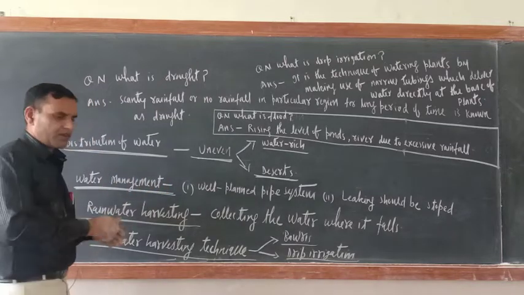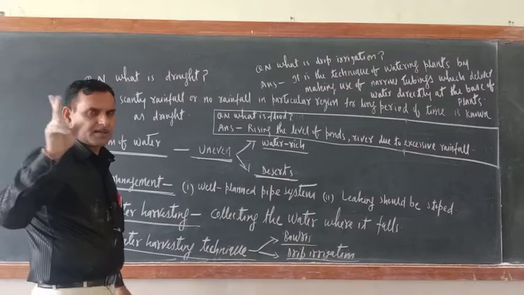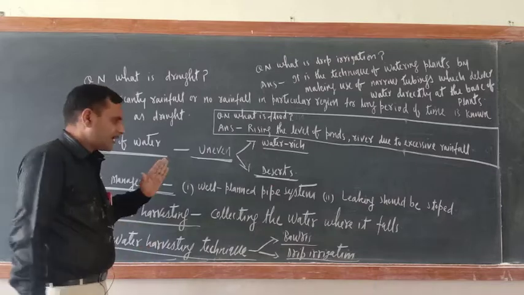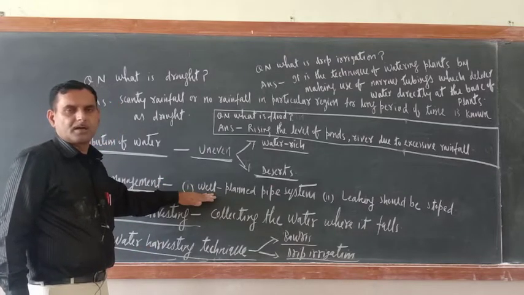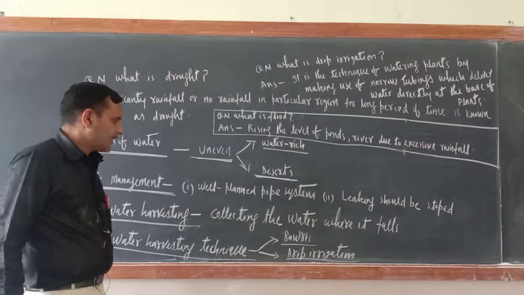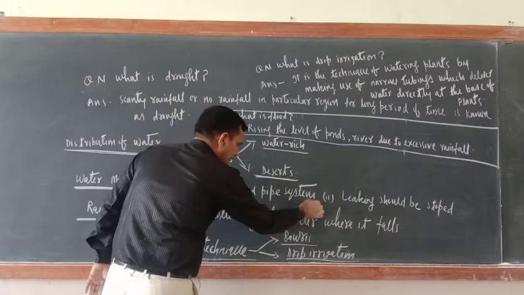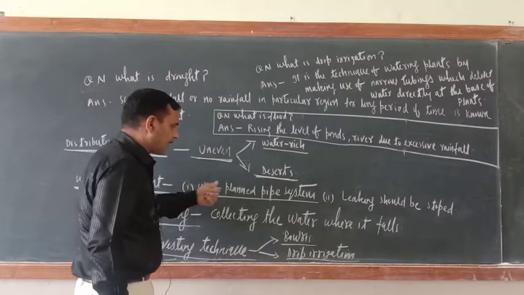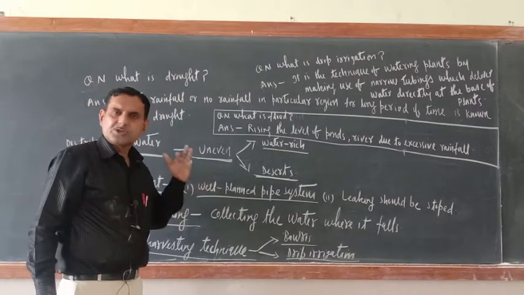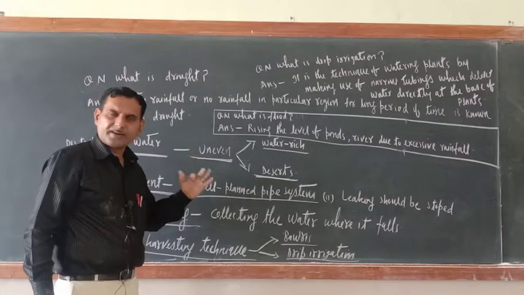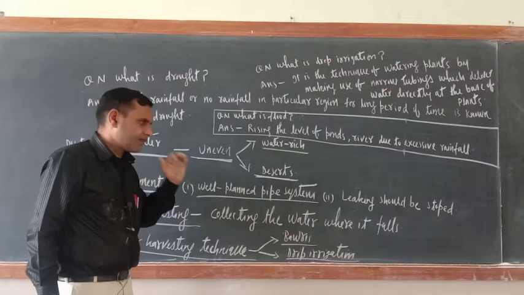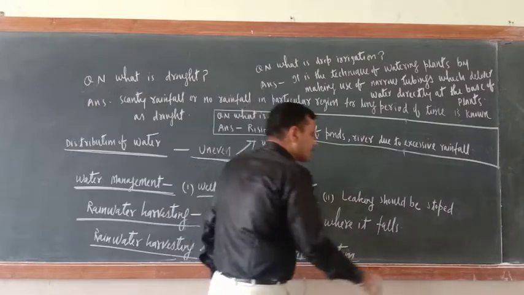Just try to understand, there are various ways by which we can avoid the wastage of water. But if two things are taken care of, then the wastage of water can be avoided. Mostly water is supplied home to home by a well-planned pipe system. The pipe system should be designed in such a way that water wastage can be avoided. The second thing is the most important thing.